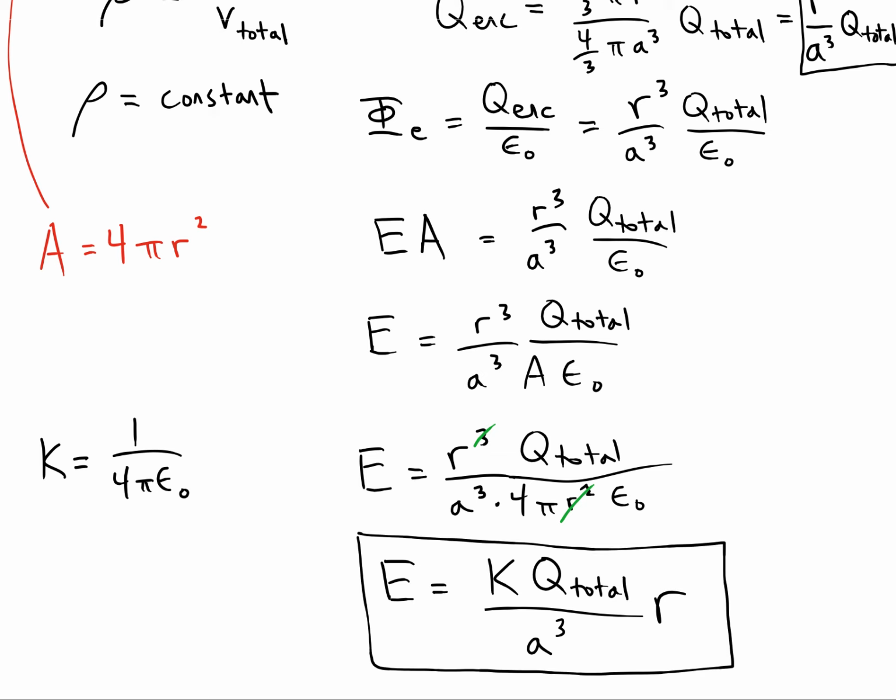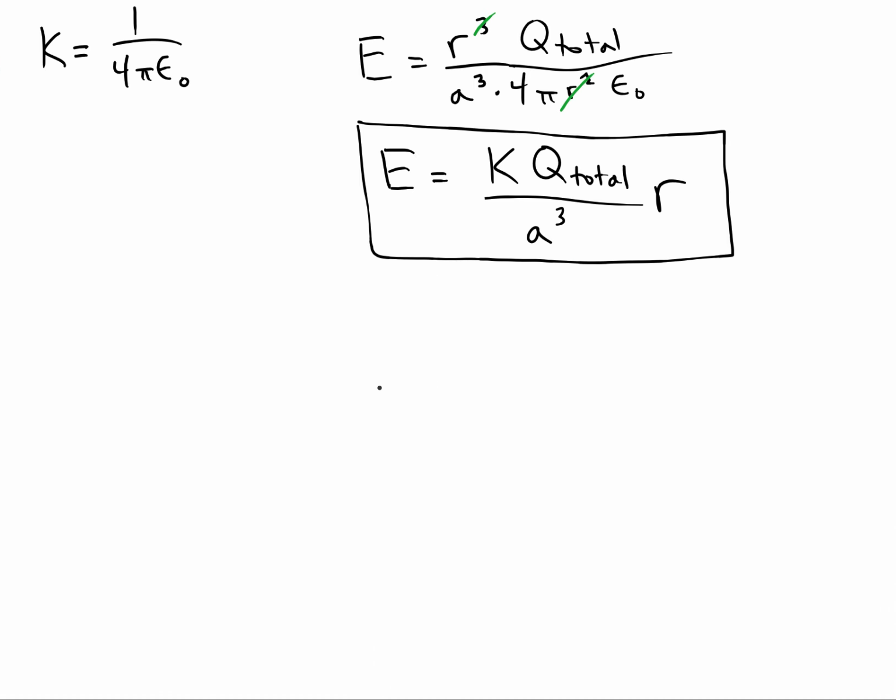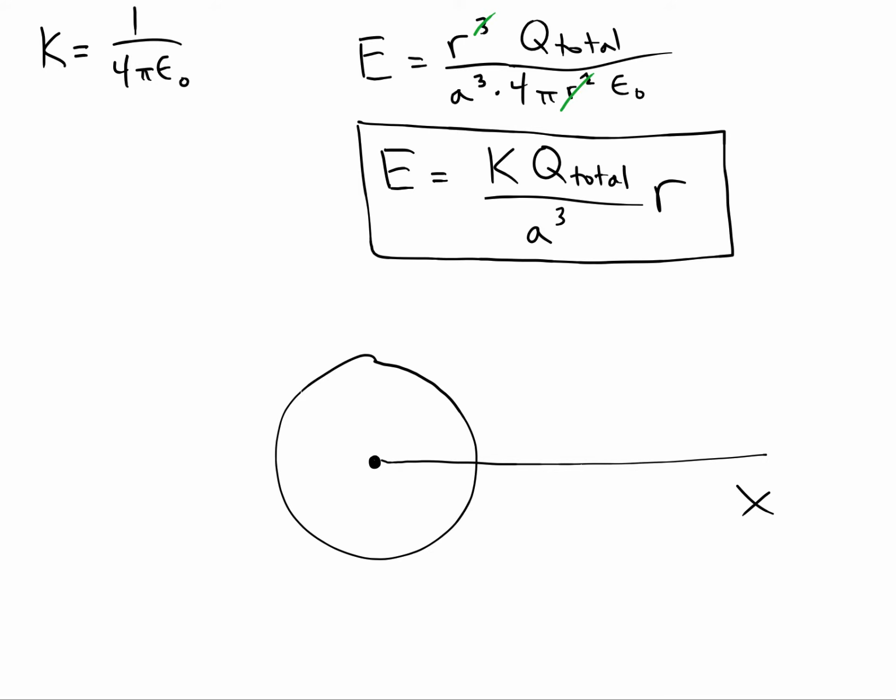Our electric field inside the sphere of uniform volume charge density is going to vary linearly with the distance from center. So if I draw the sphere here and just put an x-axis, we find that the field at the center is naturally zero.